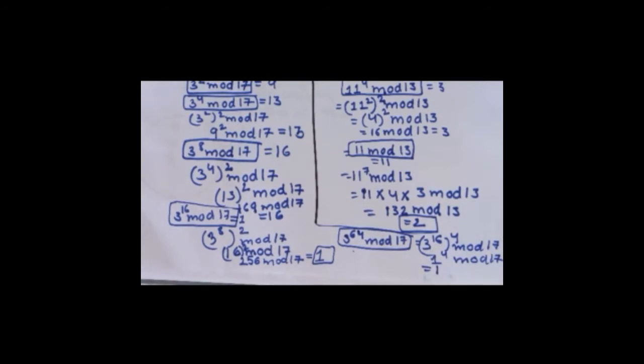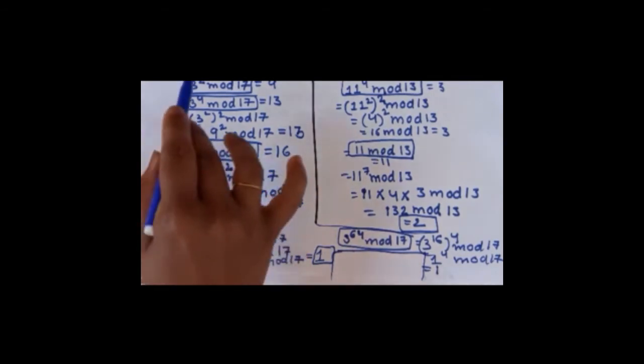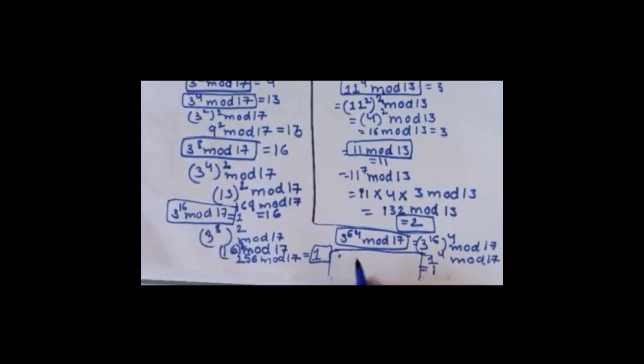Very simple, right? So basically, now I'll be multiplying all the terms, starting from 3 to the power 2, for which I got the value 9. Then 3 to the power 4 I got as 13. Then 3 to the power 8 I got as 16. And 3 to the power 16 was simply 1, and 3 to the power 64 was also a simple 1.